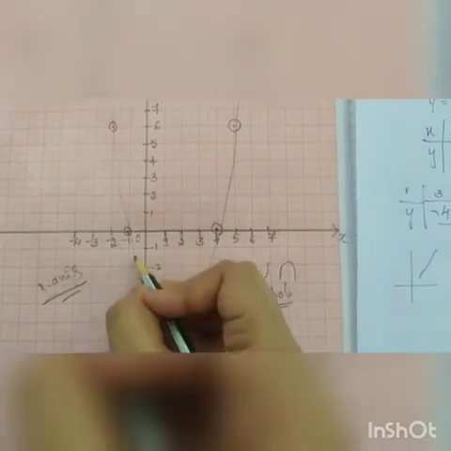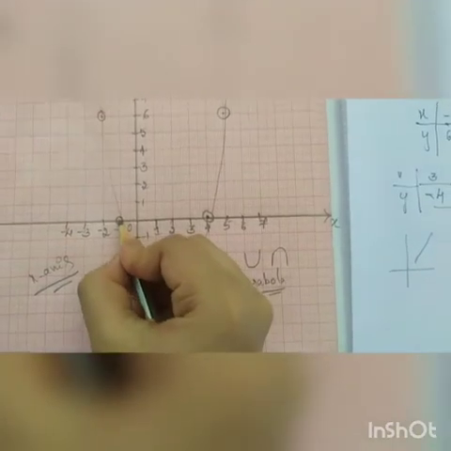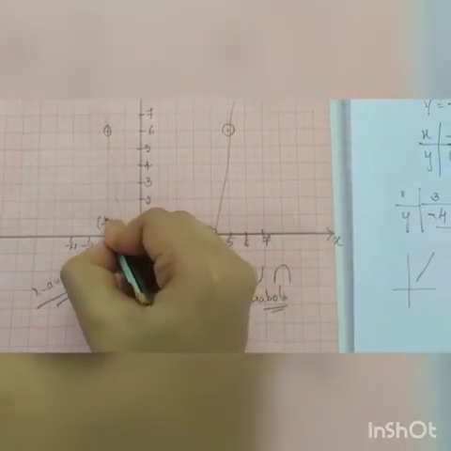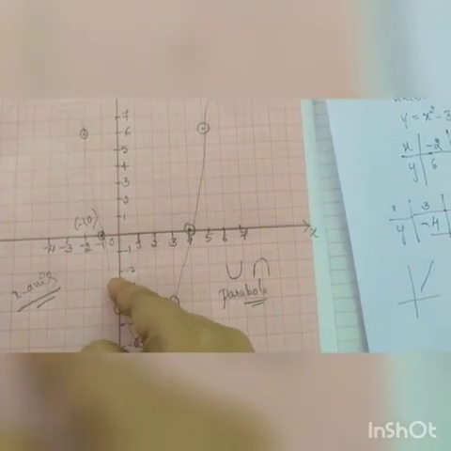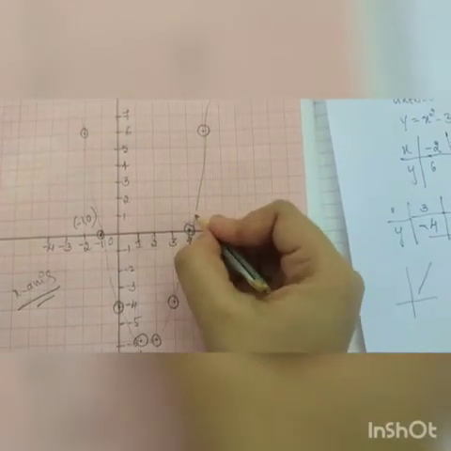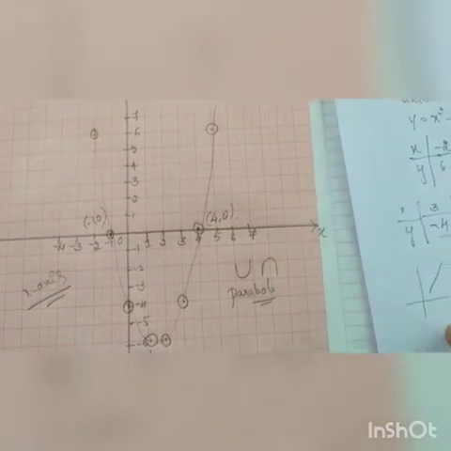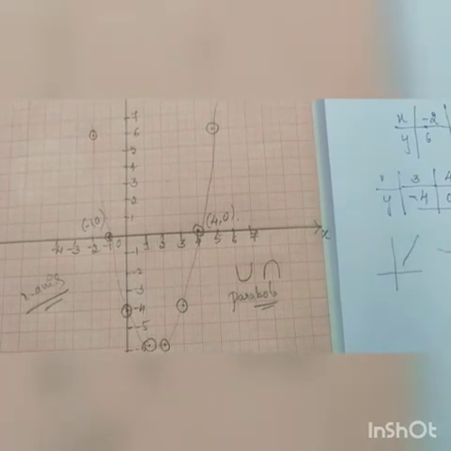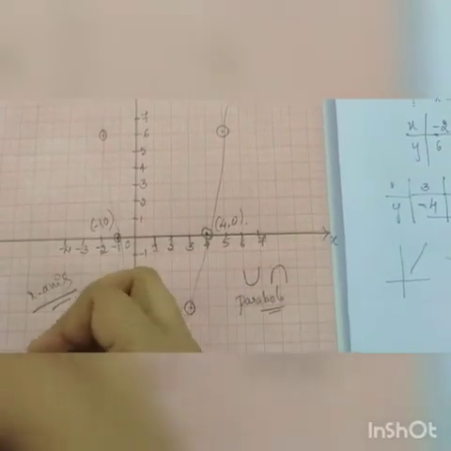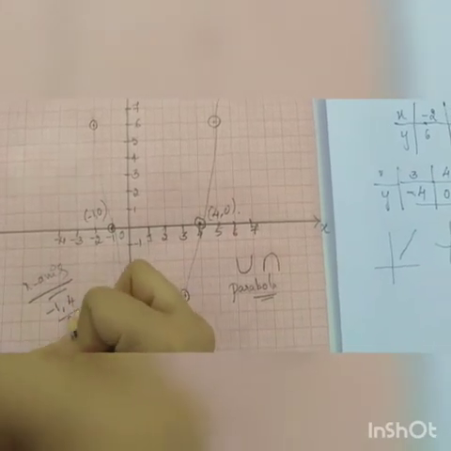You can observe the curve on both sides. On the x-axis it meets at the point minus 1, 0. Remember, we only take the x-axis. On this side it meets at the point 4, 0. That means there are 2 points, or 2 roots, because this is a quadratic equation. The roots of this quadratic equation are minus 1 and 4.